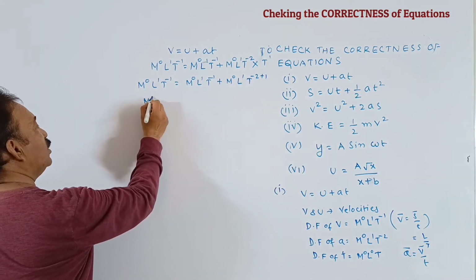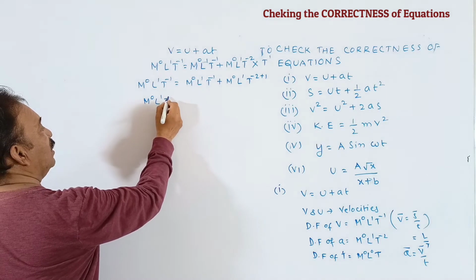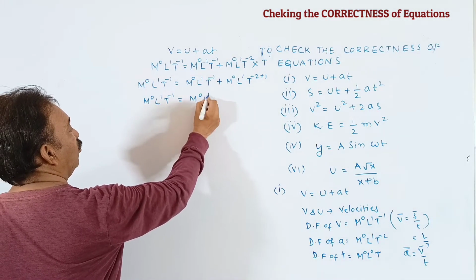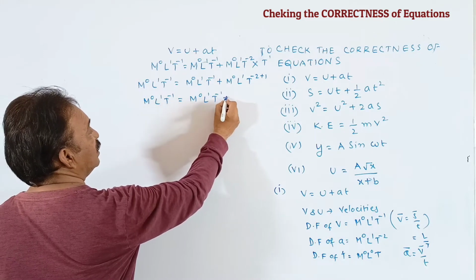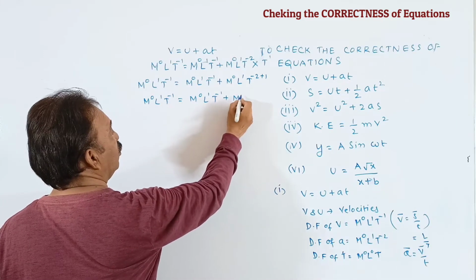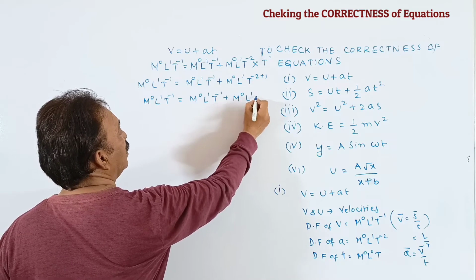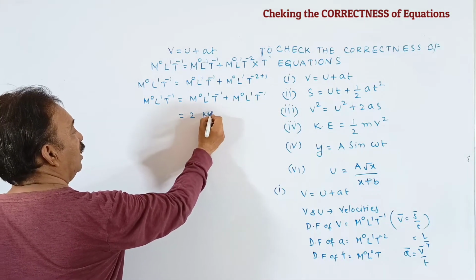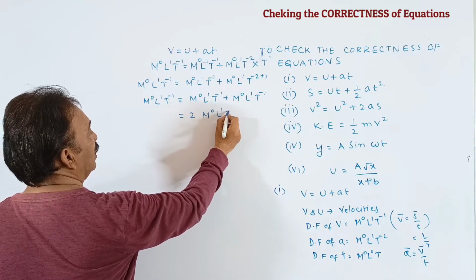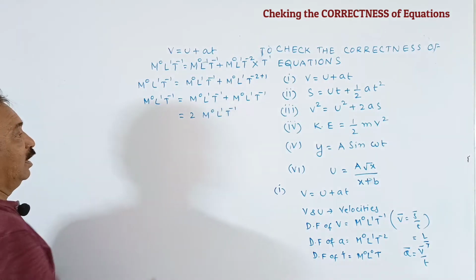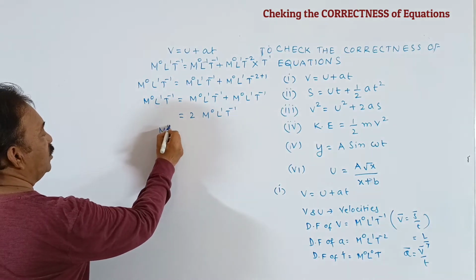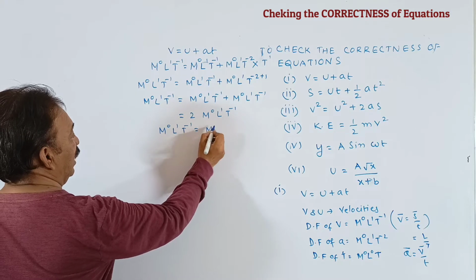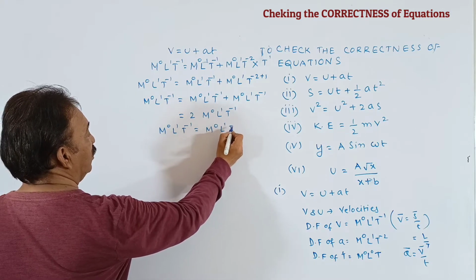Then M0 L1 T inverse is equal to M0 L1 T inverse plus M0 L1 T inverse. Together it is 2 of M0 L1 T inverse, and we can write it as M0 L1 T inverse is equal to M0 L1 T inverse.